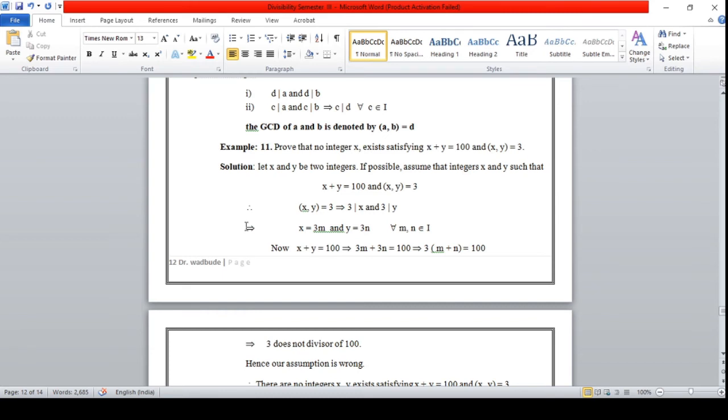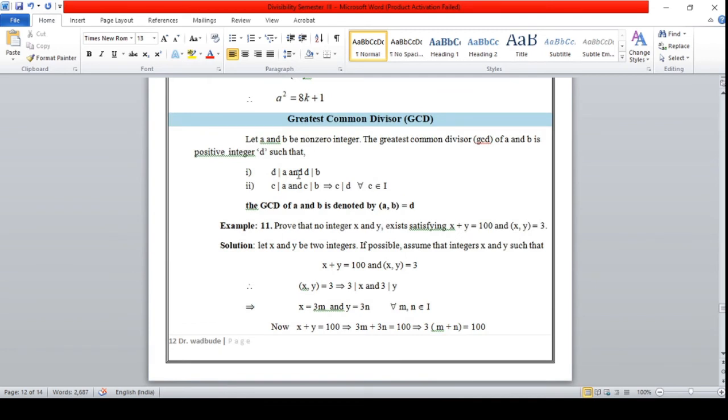Solution: let x and y be two integers. If possible, assume that there are integers x and y such that x plus y is equal to 100, meaning the sum of these integers is equal to 100, and their GCD is 3.